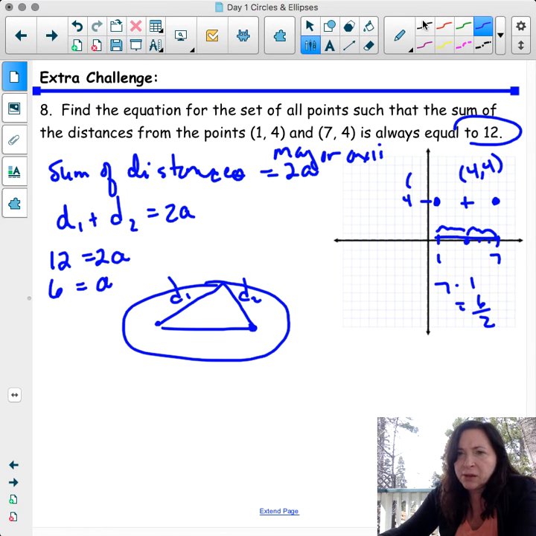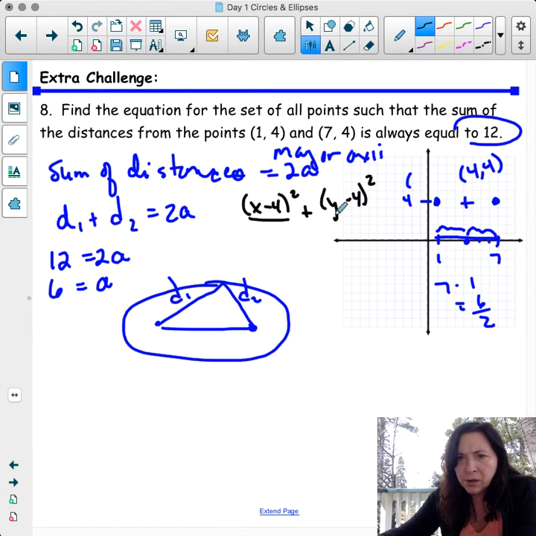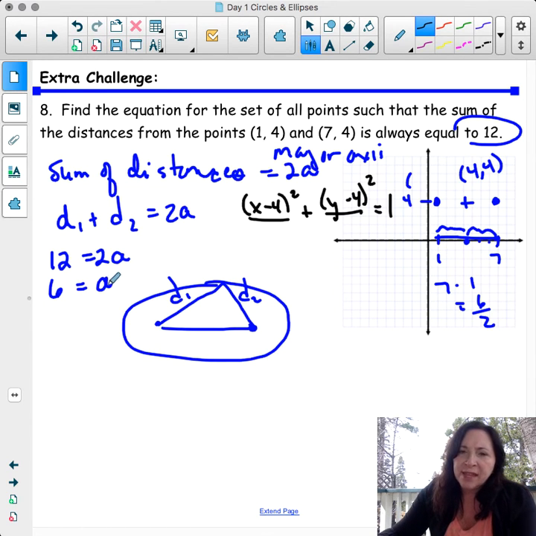So my equation for my ellipse starting off is going to be x minus 4 quantity squared over something plus y minus 4 quantity squared over something else is equal to 1. So what we know is that the a value is 6. The sum of the distances from the points is always equal to 12.